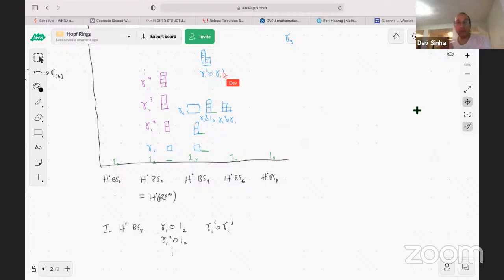You notice you're taking cup products to get these gamma 1 to the i monomials, and then you're taking transfer products to get from 2 monomials in BS2 to a new Hopf ring monomial in BS4. So cup product monomials in BS2, we're using those to make Hopf ring monomials in BS4.